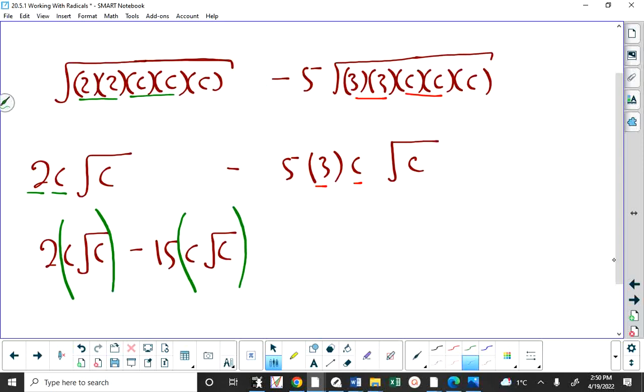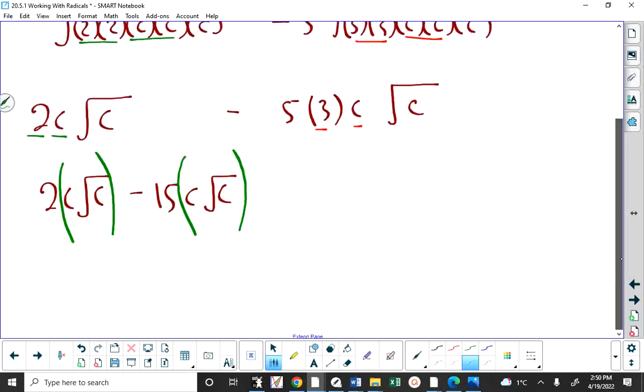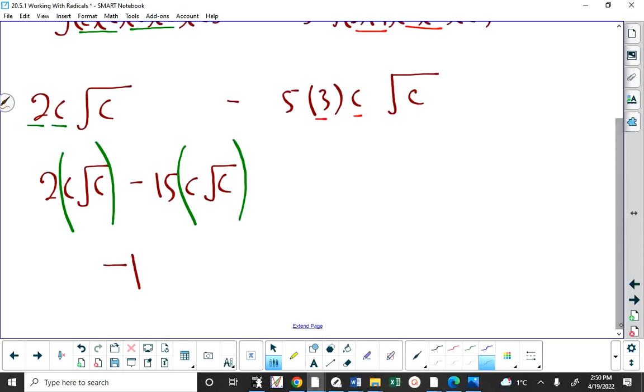So you're not thinking of it as 2c root c's. You're thinking of it as 2 c root c's. That's a little greasy. But the bottom line is if I had $2 and spent $15, I would be $13 in the hole, so I would have negative $13. Here we're going to get negative 13 of these c root c's.